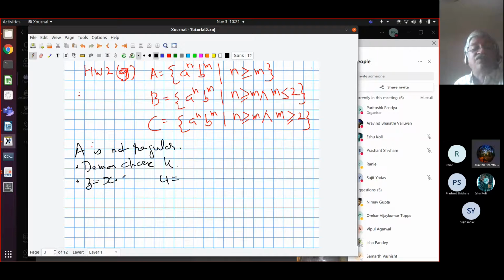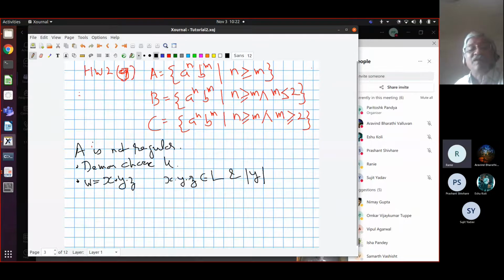Basically, we have to choose three strings X, Y, Z such that the catenation, X catenated with Y catenated with Z, belongs to the language. And what is the other condition? The size of Y should be. Rani, do you remember the condition on Y? Yes, sir. It's greater than or equal to K. Right, greater than or equal to K.